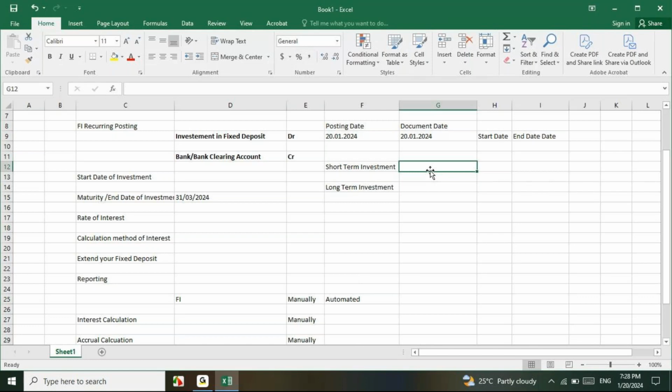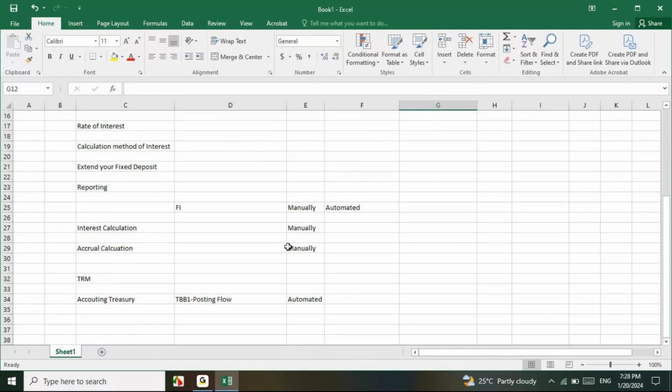So all these things we can make into configuration. So what will happen, the user need not select those GL accounts manually.